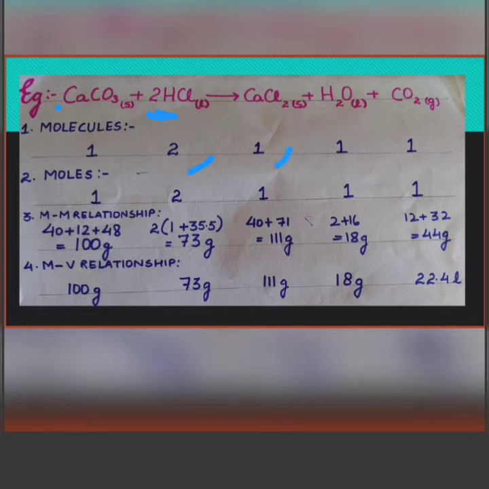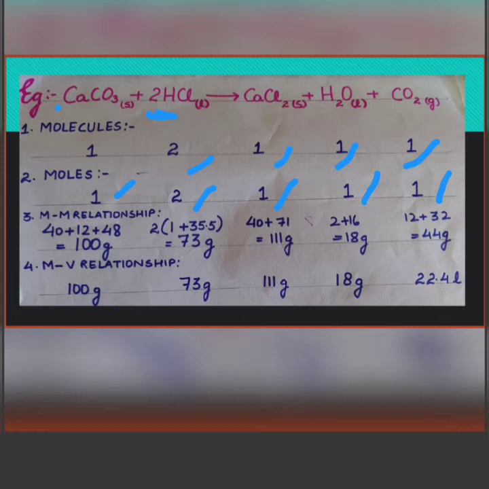One molecule of CaCl2, one molecule of water, and one molecule of CO2. Similarly, number of moles: only 1 mole of CaCO3, 2 moles of HCl, 1 mole of CaCl2, 1 mole of water, and 1 mole of CO2 gas. Is that clear? I hope you have understood the number of molecules and number of moles. As many molecules as there are, that many moles there will be.